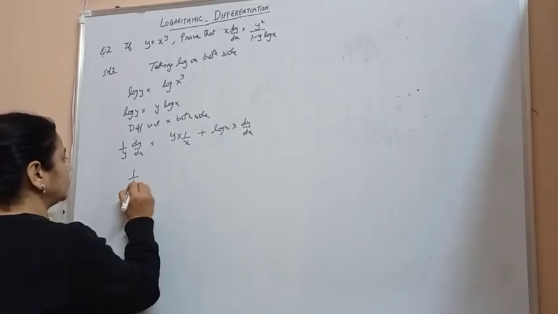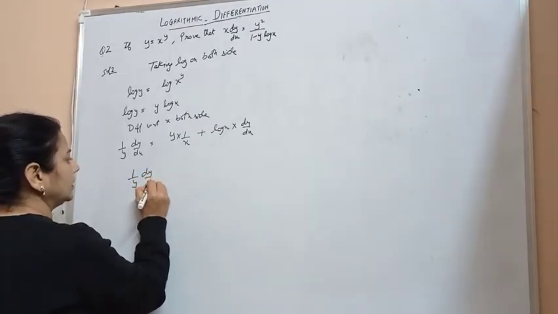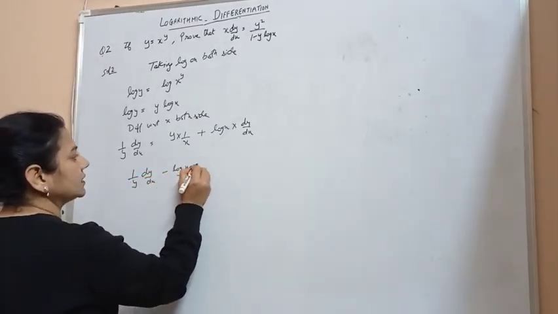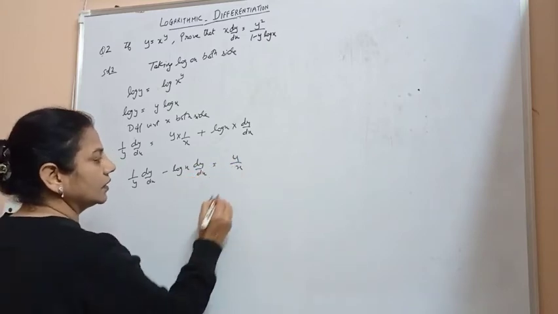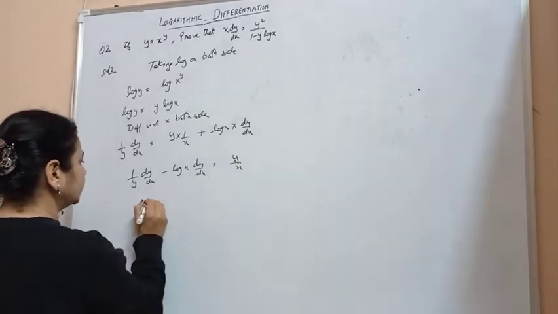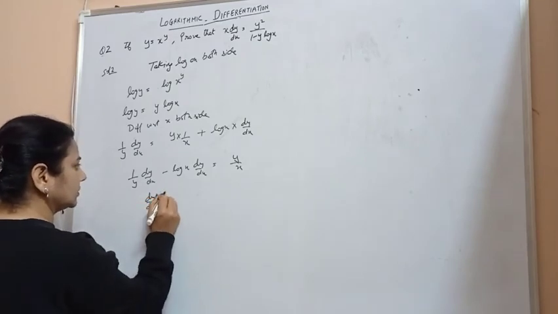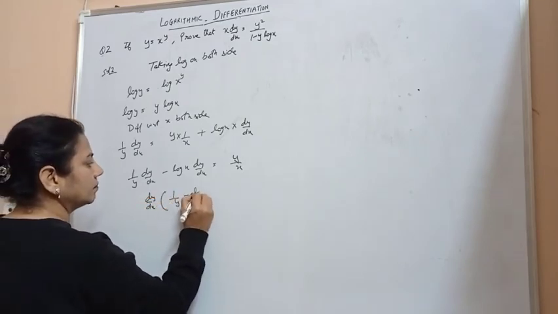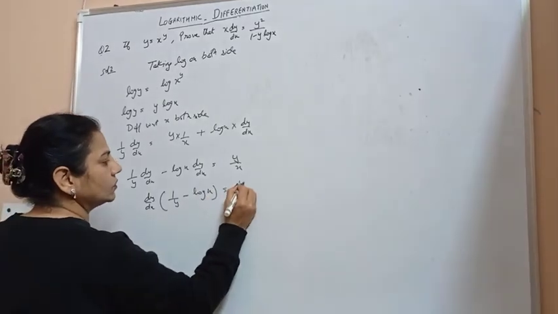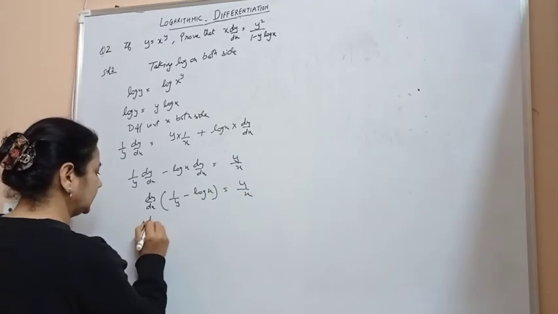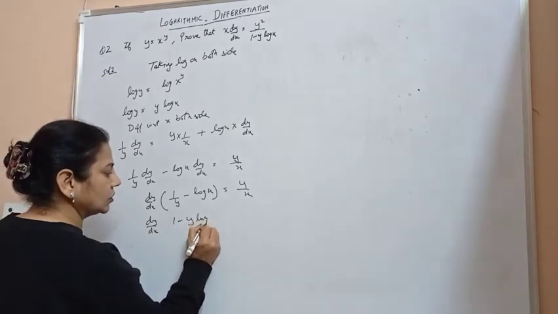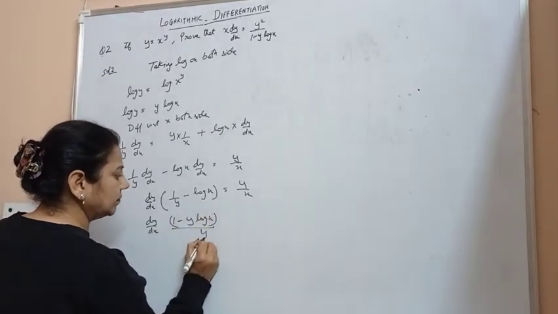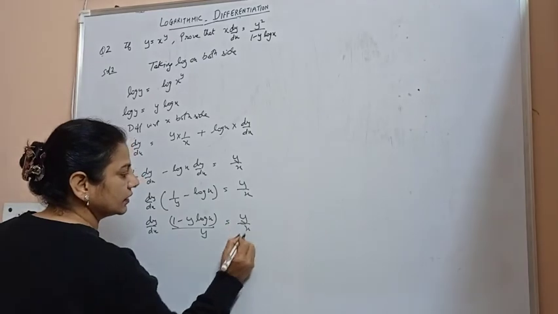I get 1 upon y dy by dx minus log x dy by dx is equal to y upon x. Take dy by dx common. 1 by y minus log x is equal to y upon x. Take the LCM again. 1 minus y times log x divided by y is equal to y by x.